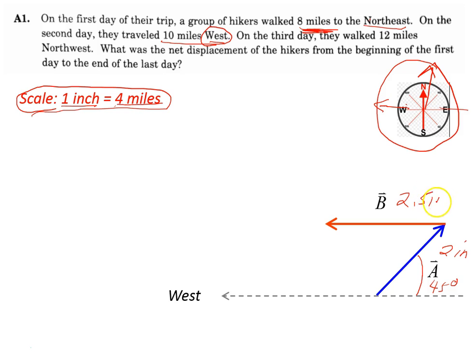And due west means it's just due west. But notice that the tail of my second vector starts at the tip of the last one. That's why it's tip to tail.